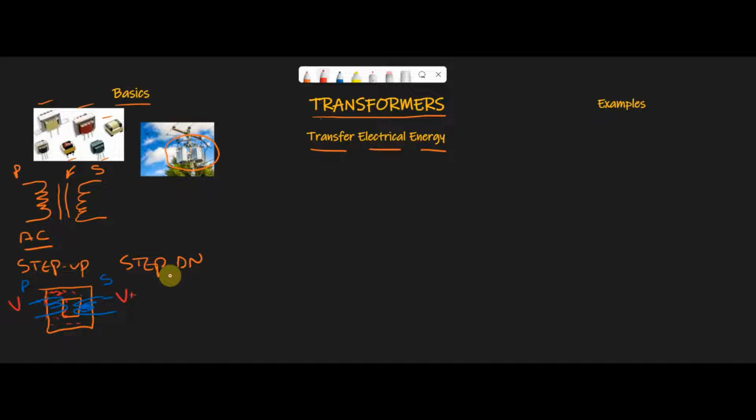Now, it is important to know that in this case, when you are increasing voltage, your current I decreases. So when voltage increases, current decreases. That's important to know. And one of the reasons for that is this wire has resistance in it.